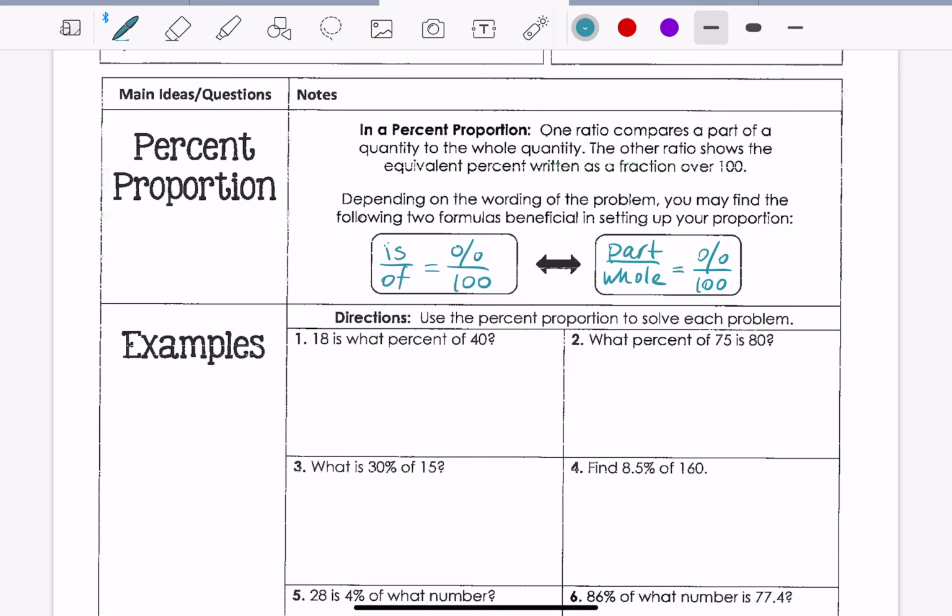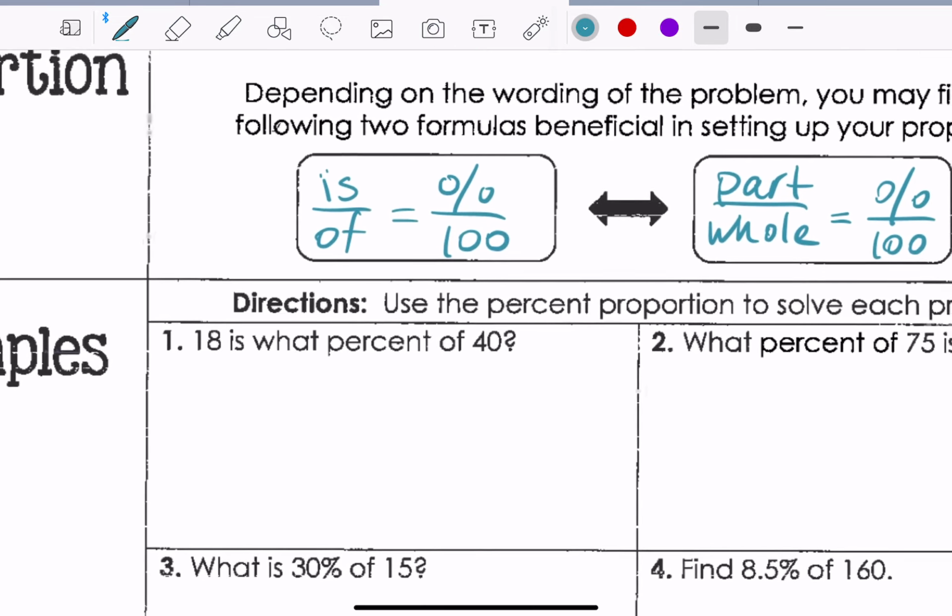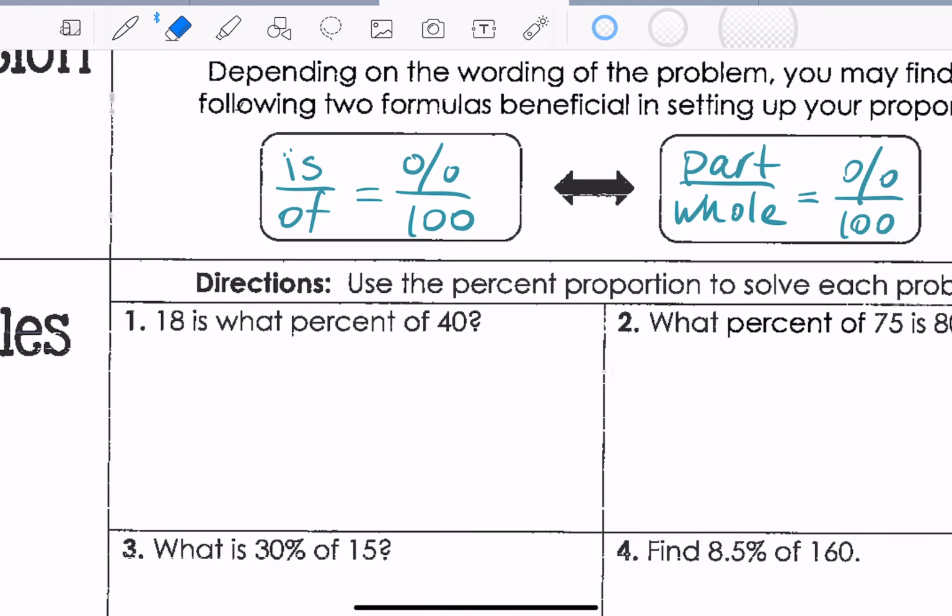Okay, so when we look at these problems, let's look at this first one. Remember, we're using is over of on the first ones. You can see the is and the of in the question. When you look at the first problem, we're going to identify the is. So here's the is, and here's the of. And the thing that we don't know is the percent. That's what we're missing.